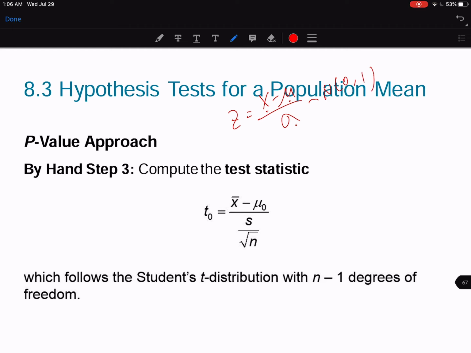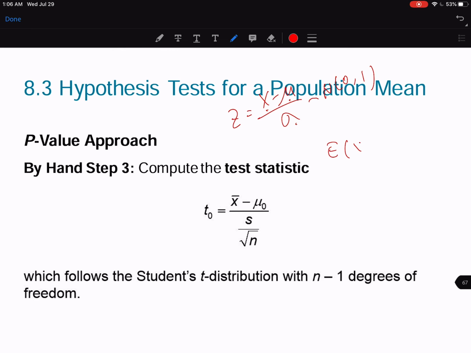So since we know that the expected value of x bar is going to be equal to the population mean mu, we proved this, I think, in the lecture video of 6.1, and I will say the variance of x bar is equal to sigma squared, the population variance, over n, and then of course the standard deviation of x bar would be equal to the square root of variance, which is sigma over square root of n.